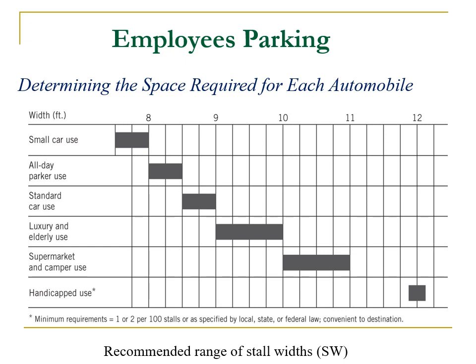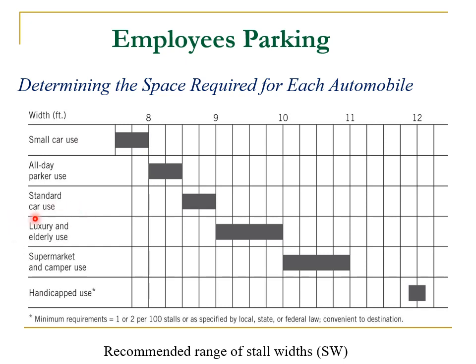Okay, so when we consider the width of the parking stall, then if we have, for example, small car use, then you can allocate up to 8 feet of stall width. For all-day parker uses, it can be between 8 to 8.5 feet. For standard car use, it can be from 8.5 to 9 feet.